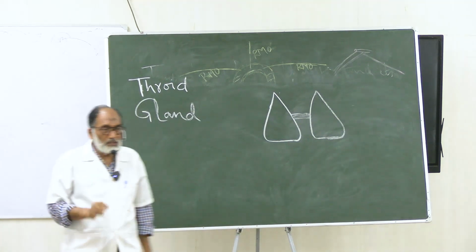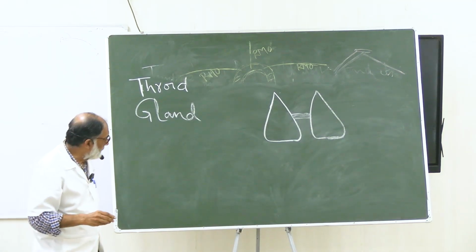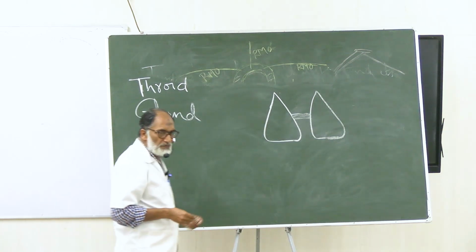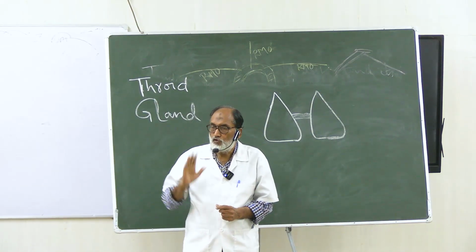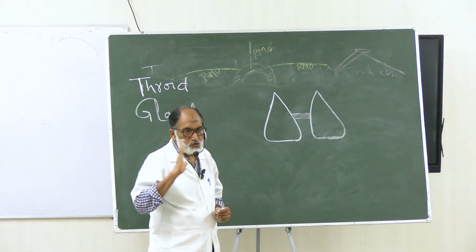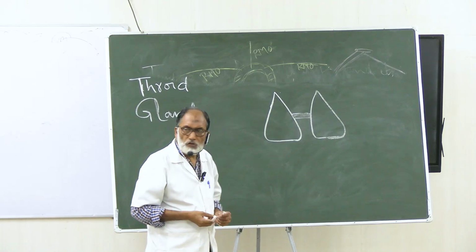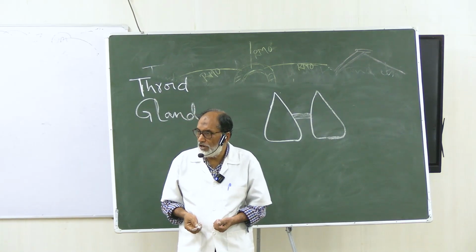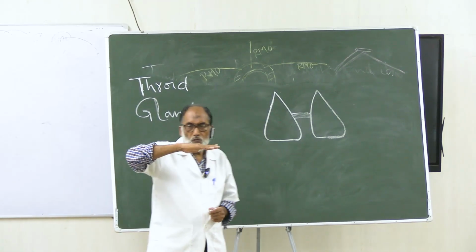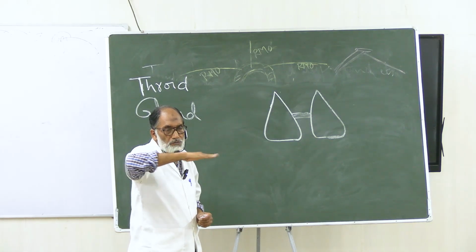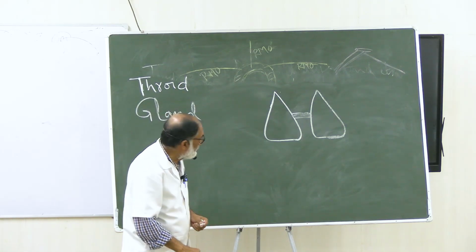Now, what are the three surfaces? Number one is the superficial surface, also called the anterolateral surface. I am now showing the transverse section.